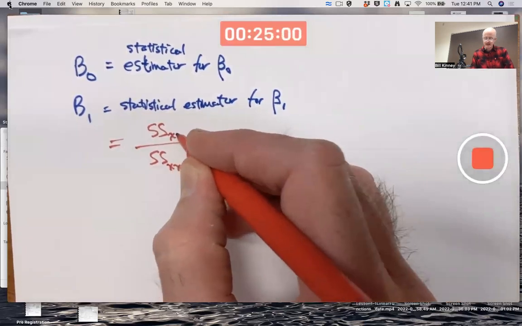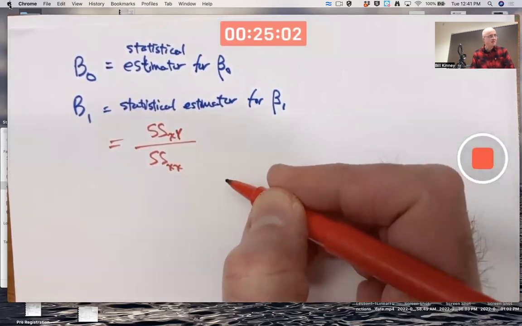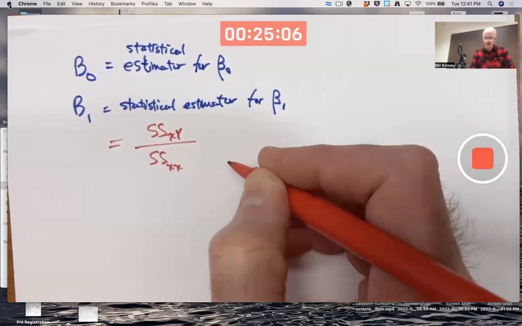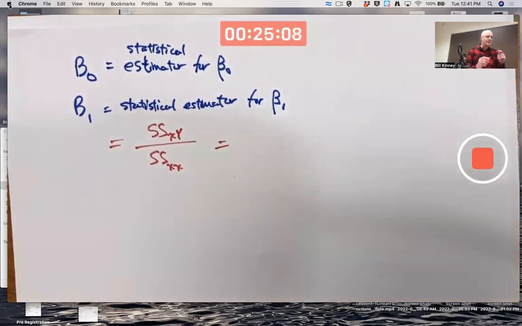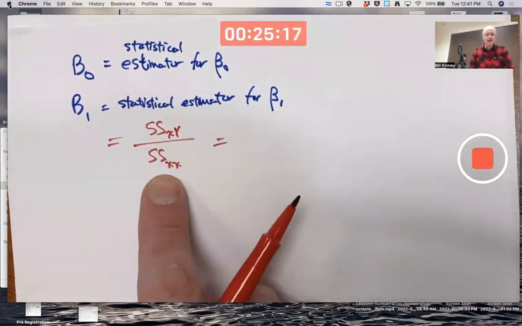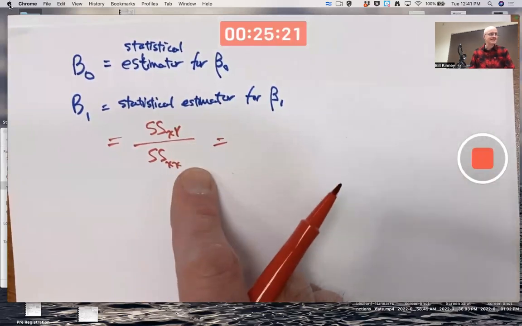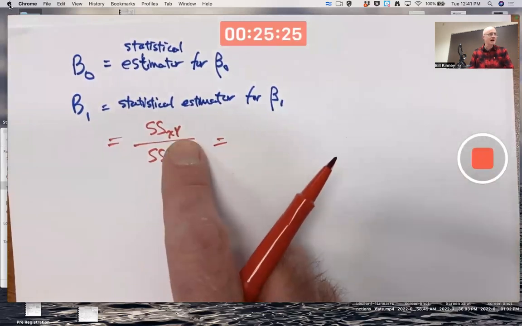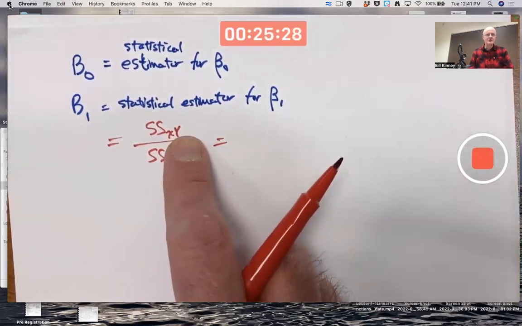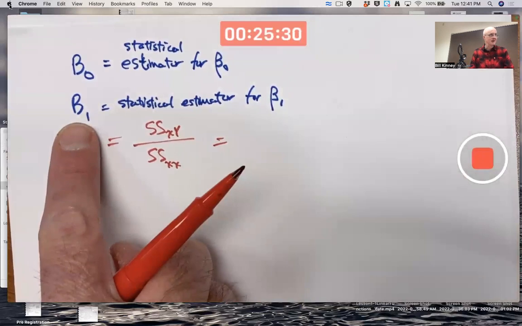I'm going to purposely put a capital Y this time instead of a lowercase y, but the x's are lowercase. Okay, I'm telling you how I remember these things. If I have a need to remember them without looking them up, this is how I remember it. So I start by remembering that the slope is a ratio of SS's, sums of squares. XX on the bottom, XY on the top. Whether I use a lowercase or capital Y depends on whether this is lowercase or capital.